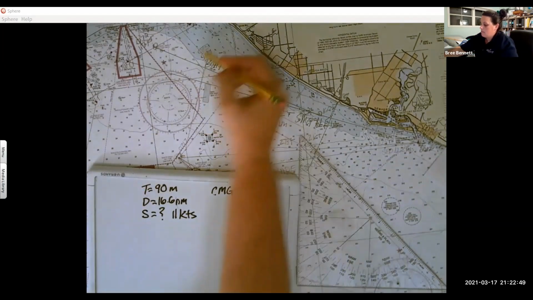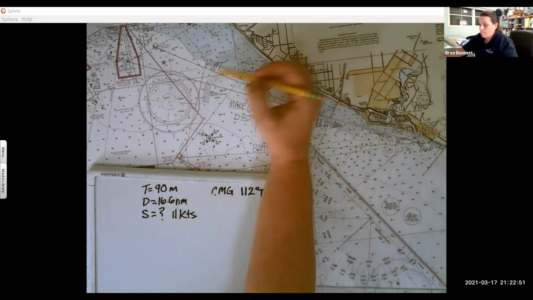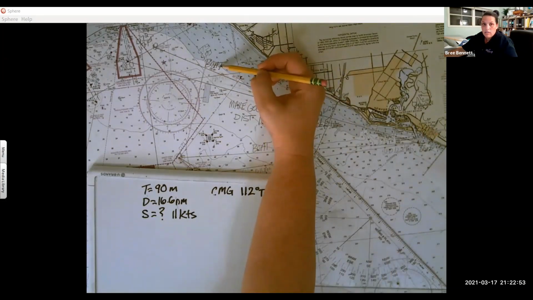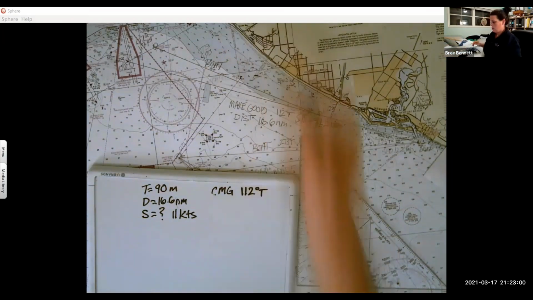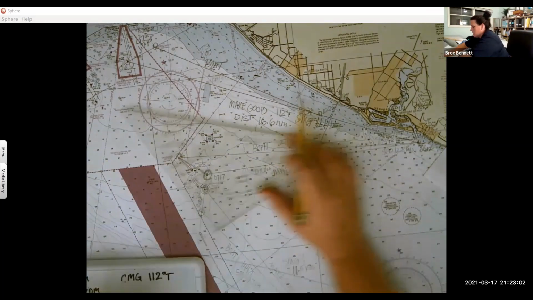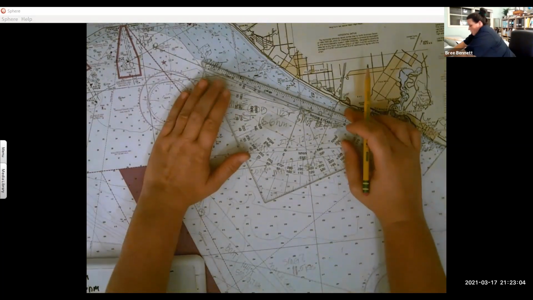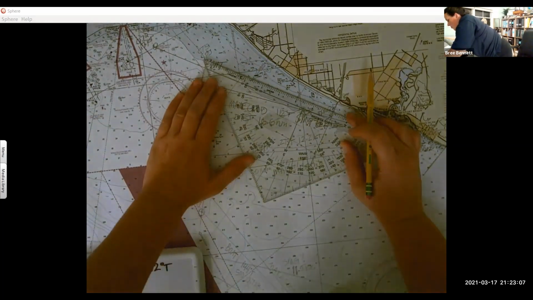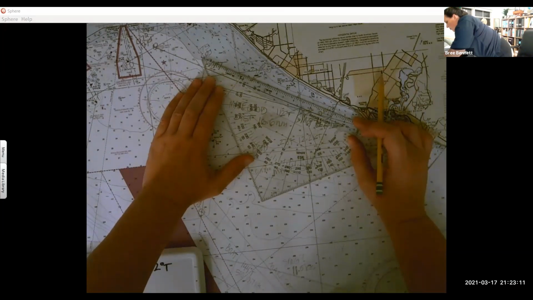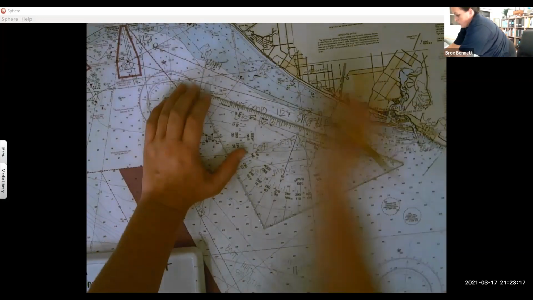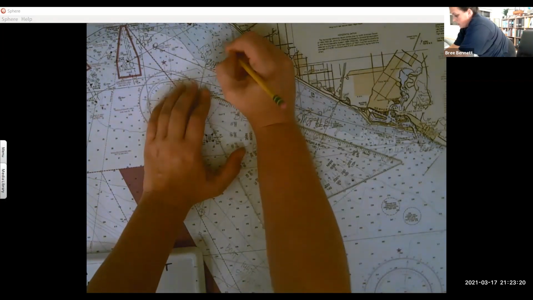So let's measure my boat line for boat speed and for course to steer. My course to steer I got was 120.